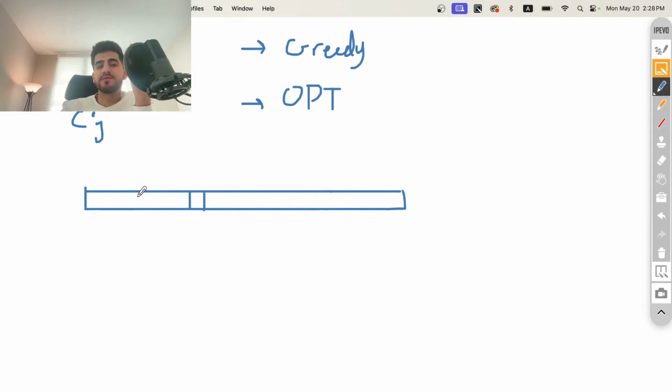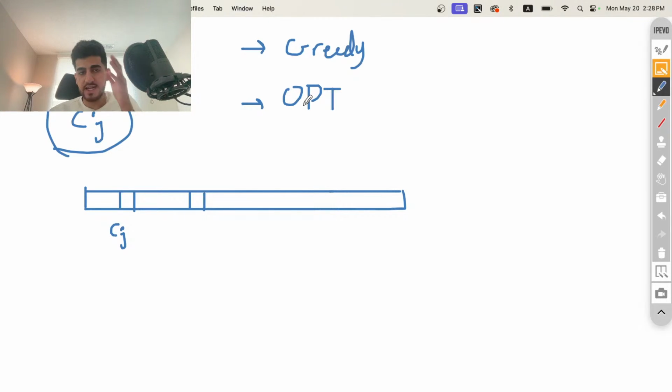There are 2 cases, whether C of J is to the left of C of I. If it is to the left, we know that greedy does not have that, and optimal has that, because this is the definition of this. Because we said that if greedy has C of I and optimal does not have C of I, then optimal should have some C of J and greedy does not have C of J, right?